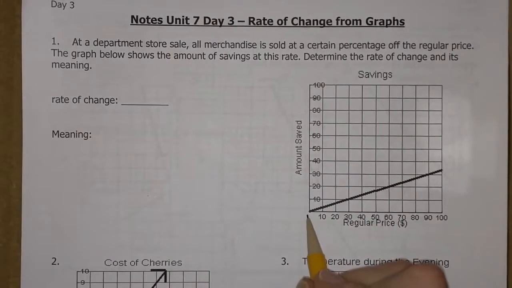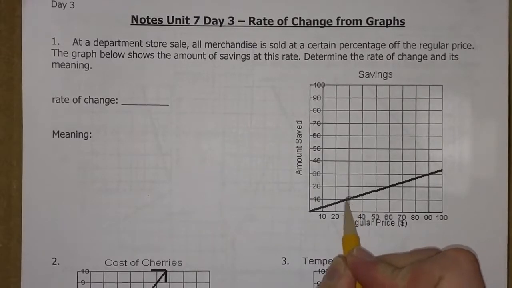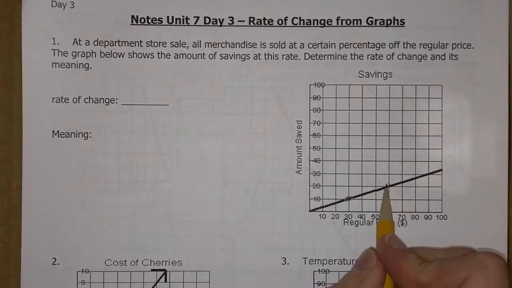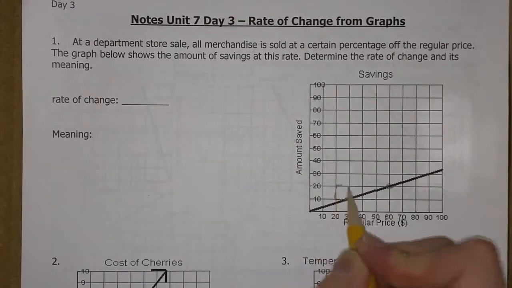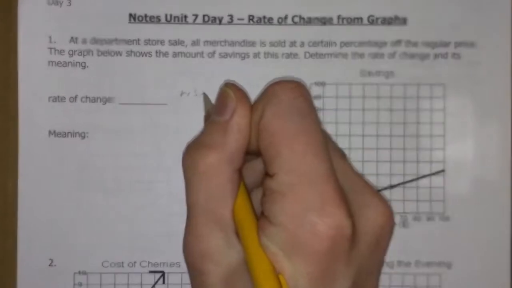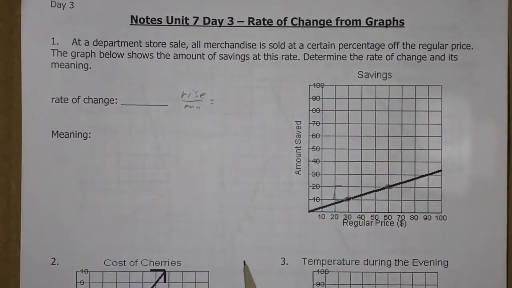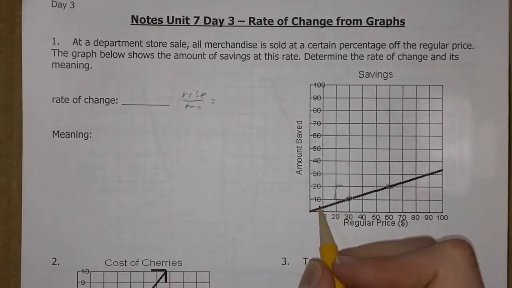I am going to pick this one right here at 30, 10. And I see another one at 60, 20. Now the rise, we always do rise over run. We have to pay particular attention to our units here.